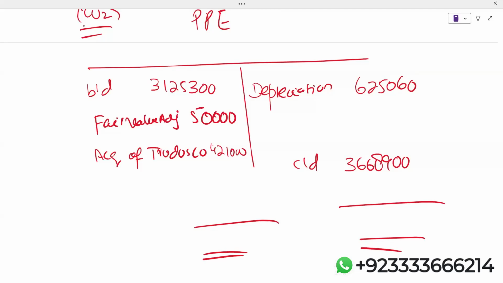6,25,060 plus 3,668,900. I'm getting 4,293,960. Balancing figure will be your cash purchases. And we show cash purchases as an outflow in investing activities.